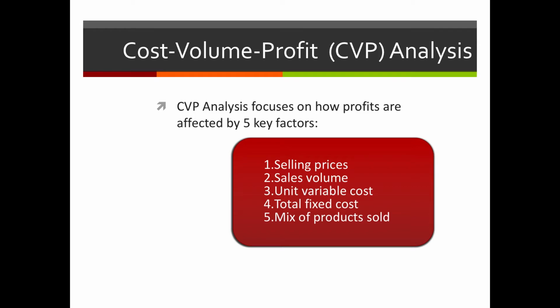What prices to charge? A lower price will boost sales volume. What marketing strategy to use? Marketing always wants more money for advertising. And what is the cost structure to implement? I mean, for efficiency. So if the cost is the issue, you have to focus on unit variable cost or total fixed cost, how you may manage this.